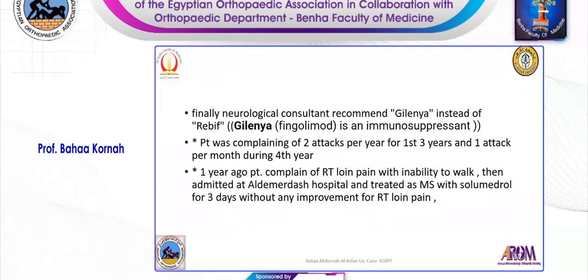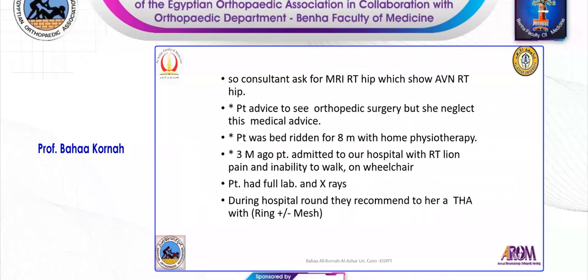Finally, the neurological consultant changed this to another drug. The patient was complaining of 2 attacks per year, and because she was suffering from hip pain, the consultant asked for an MRI, and she was diagnosed with avascular necrosis of the right hip. The patient was advised to see the orthopedic surgeon, but she neglected to go for orthopedic consultation.